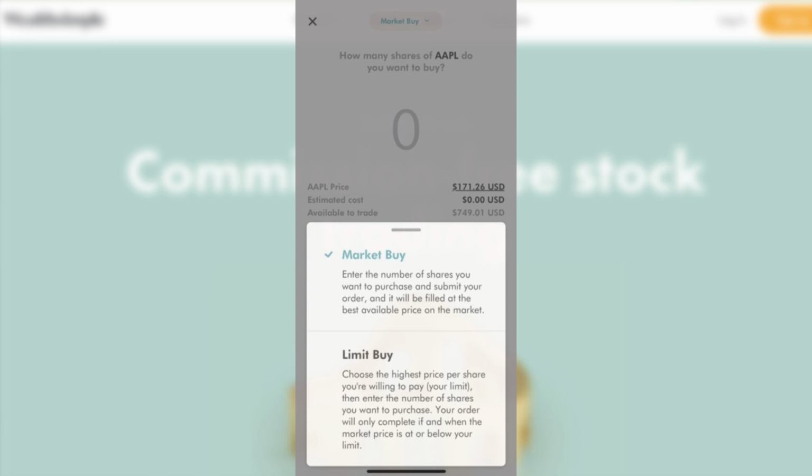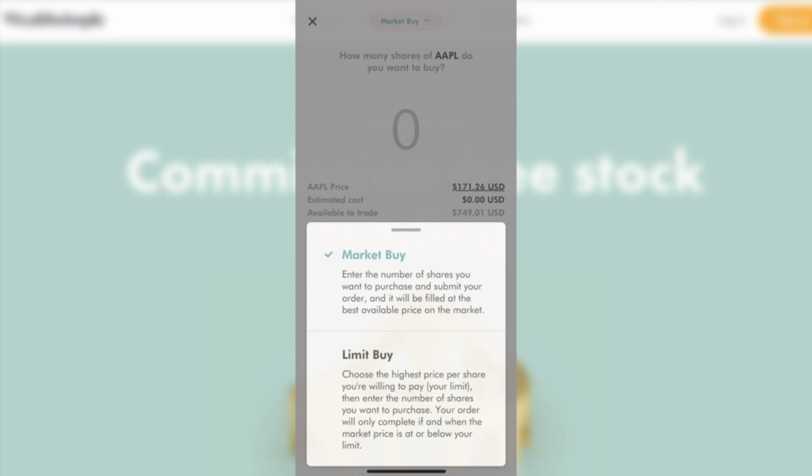There's the option right here for the type of order you want to place. If you click it, you can see market order or limit order. So market order means you want to be filled instantly, regardless of what the bid or ask price is. Limit order means you'd only want to place the order if the price of Apple comes down to the price you want. So right now it's $171.26.